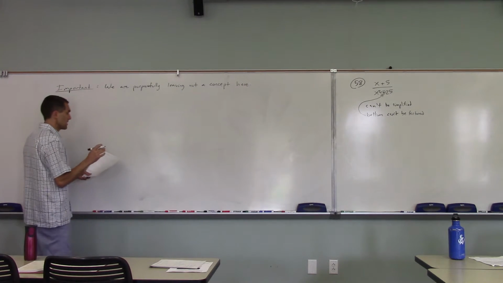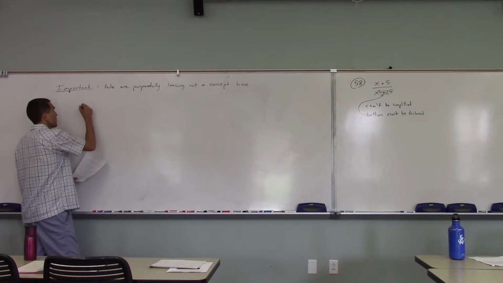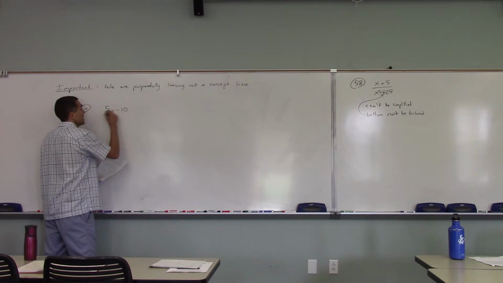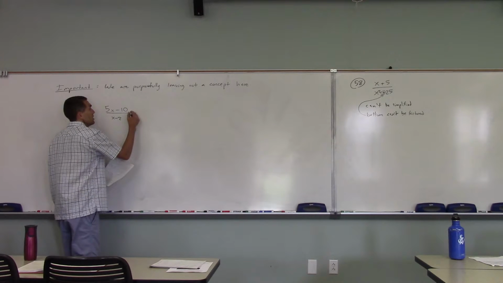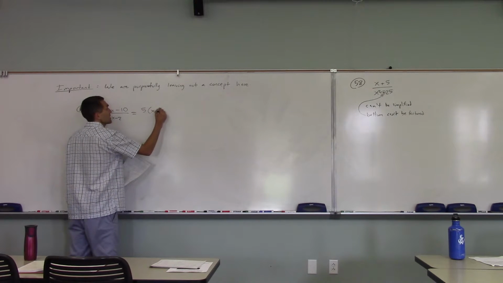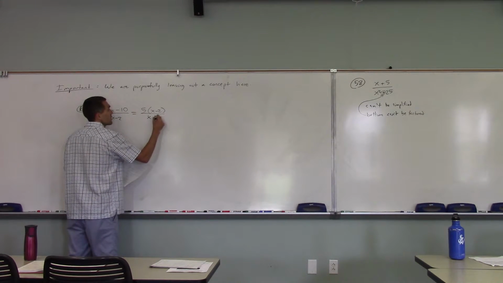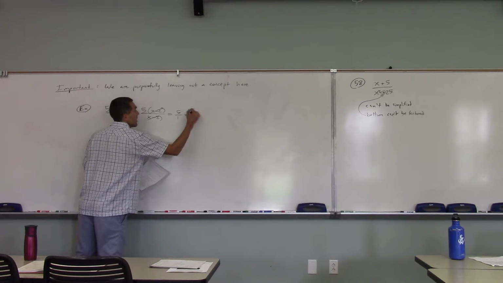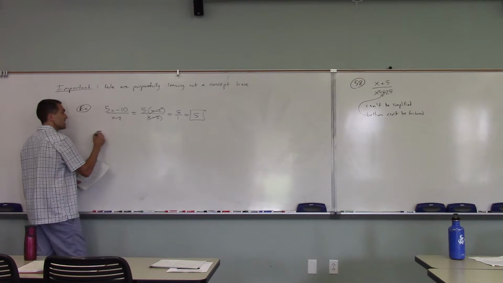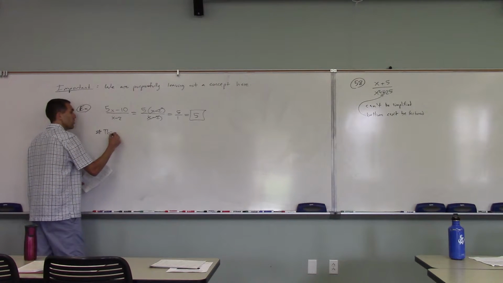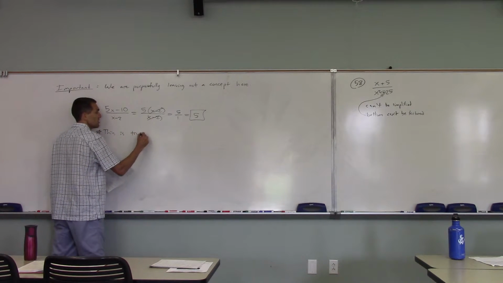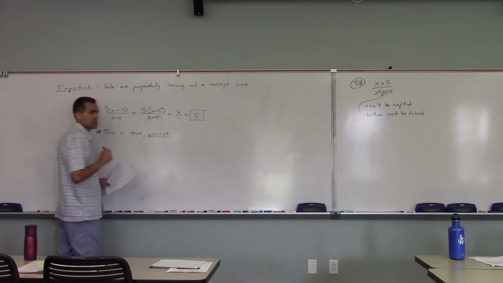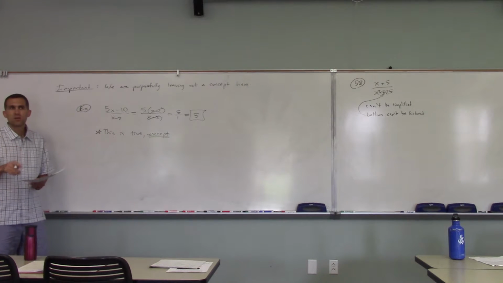We're purposely leaving something out. For example, you already did this example, 5x minus 10 over x minus 2. So that was 5 times x minus 2 over x minus 2, which cancels and gets 5 over 1, or 5. Okay, this is true, except, when is this not true?